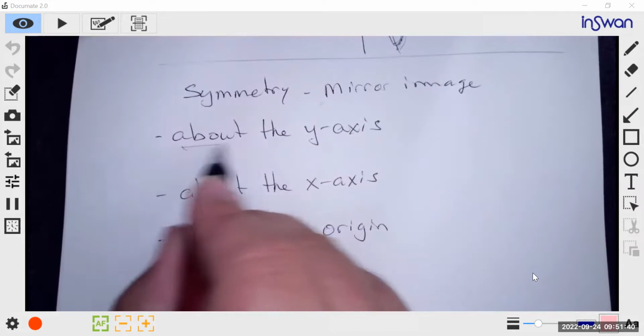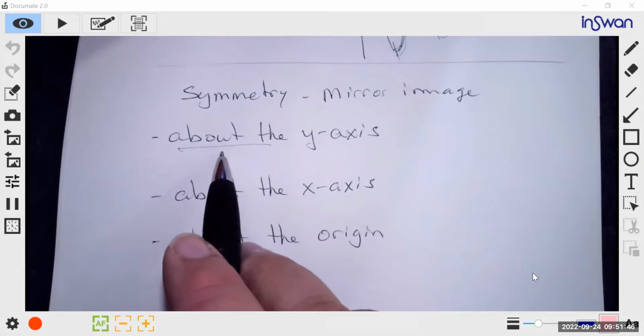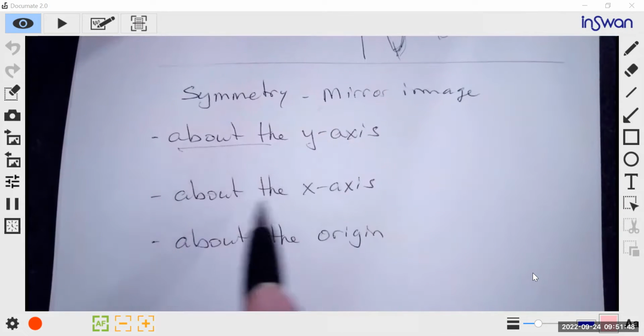When I say about the, I'm saying if I'm flipping across the y-axis, flipping across the x-axis, flipping across the origin.